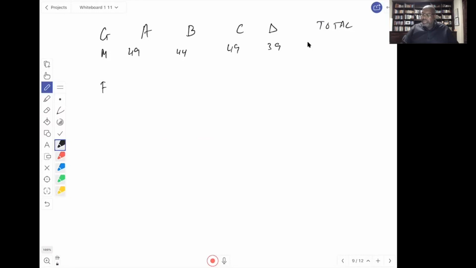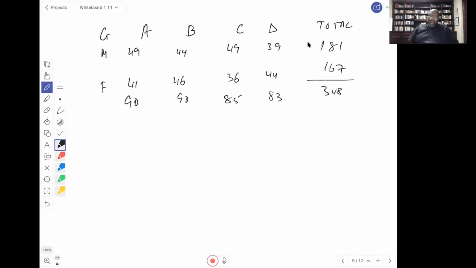Then the bottom row is 41, 46, 36, and 44. Totals 90, 90, 85, 83, 348, 181, 167, right?